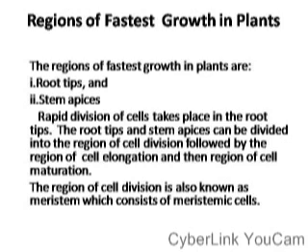The root tip and stem apices can be divided into the region of cell division, followed by the region of cell elongation, and then the region of cell maturation or cell differentiation. The region of division is known as meristem, which consists of meristematic cells. These meristematic cells can be found in the root tips and shoot or stem apices.